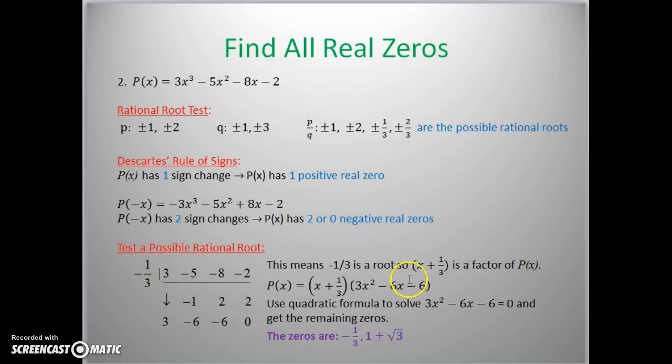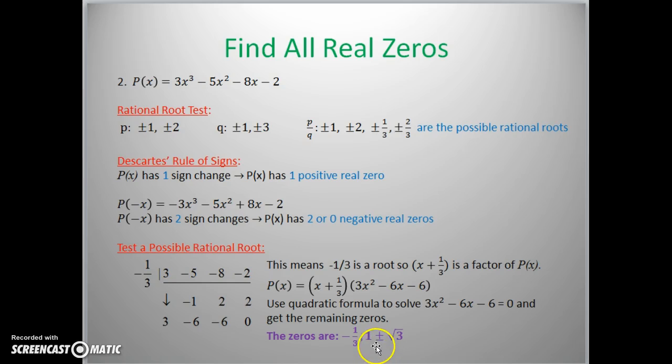Now, if this polynomial were factorable, aside from just taking out the GCF of 3, then I would go ahead and factor it completely. But the only thing I could do was take out that GCF of 3. And you could certainly do that and then go ahead and use the quadratic formula, or just use the quadratic formula from this stage as I did.